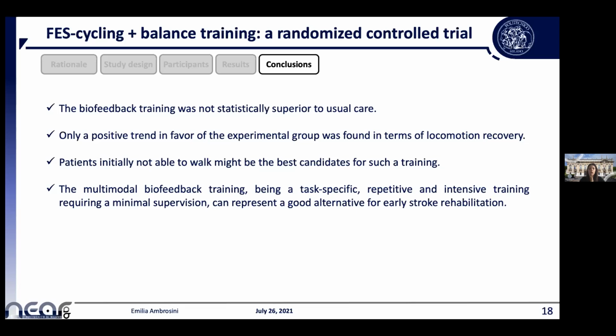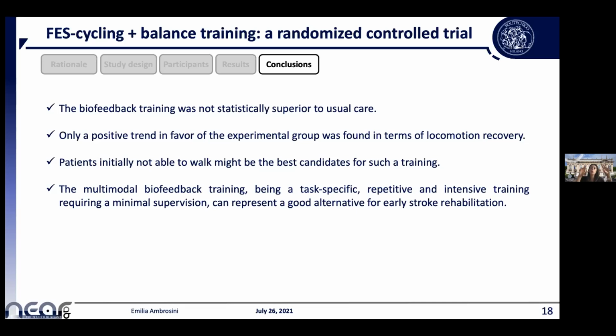And with respect to the other question I've seen here, did you have any indication of differences in muscle atrophy? We did not measure that specifically. What we measured in terms of strength was just the forces produced during pedaling.